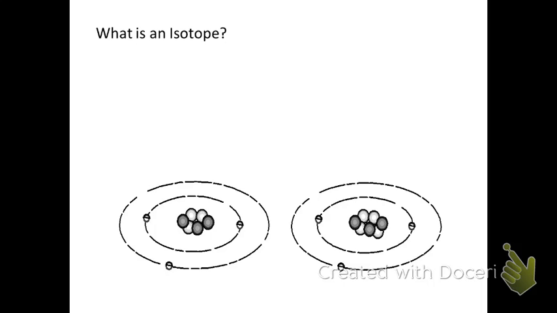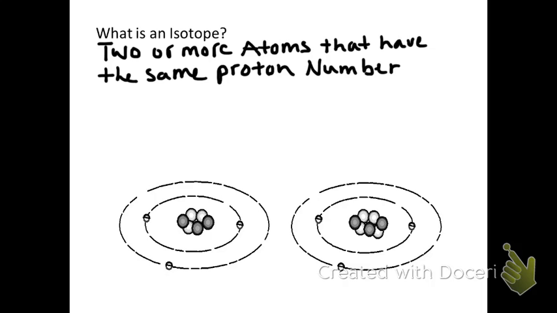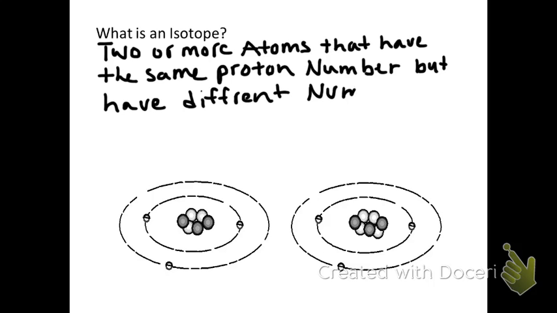Basically, we're going to say that two or more atoms that have the same proton number but have different number of neutrons.